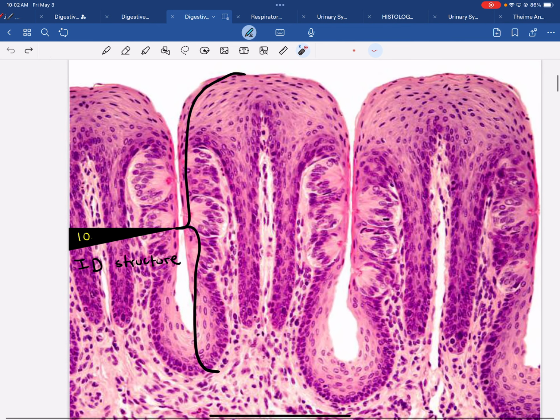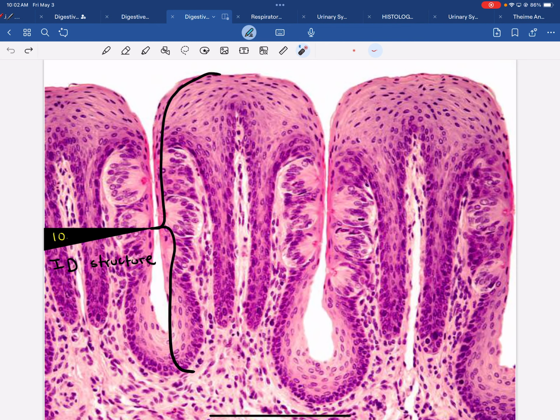Which structure is this? Why is it a foliate papilla? Nice, good. Here's a papilla, and then there are taste buds on the sides. So it's not a filiform and it's not a fungiform.